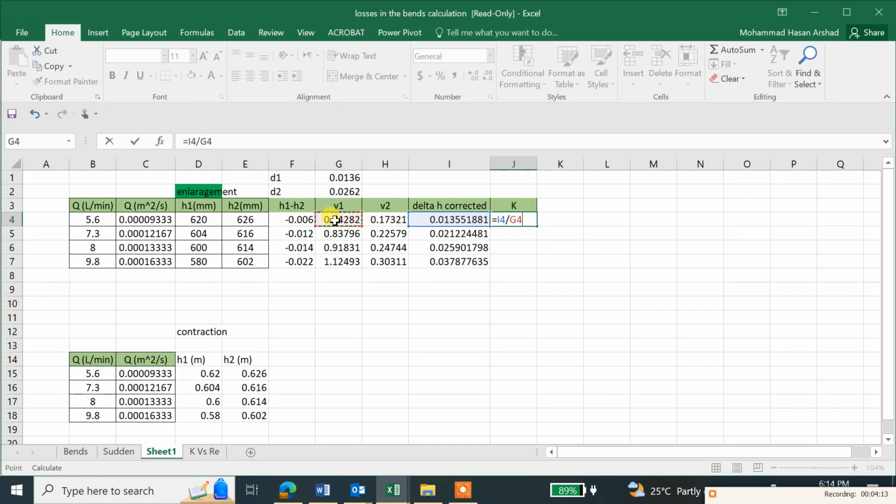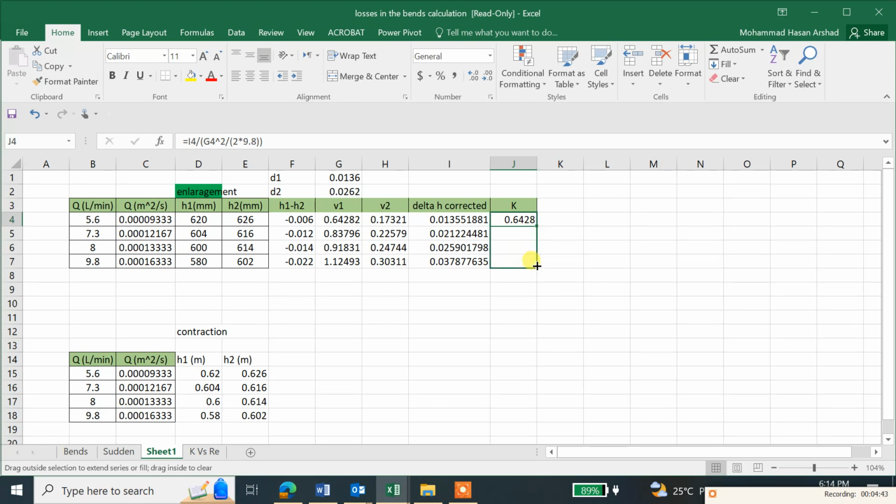So 0.648. So for enlargement, this is perfect. You can see they are very close. The loss coefficient values are supposed to be very close and constant, right?